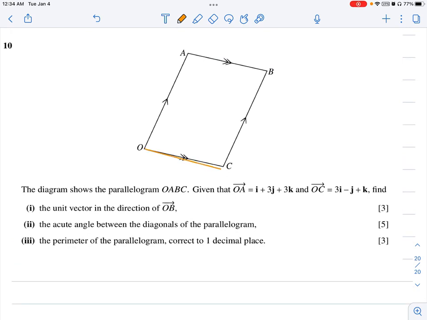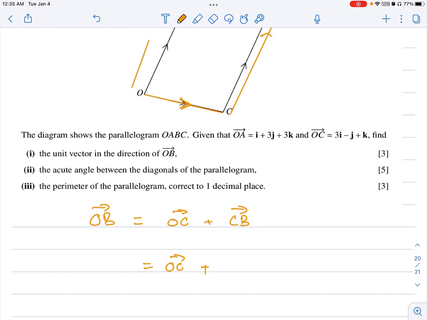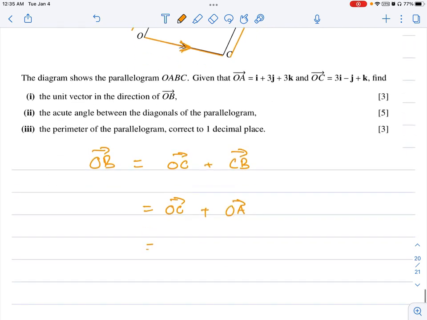I go O to C, then I go C to B. So OB is O to C plus C to B. CB is parallel to OA, both are parallel, so this is nothing but OA. So that becomes i plus 3j plus 3k plus 3i minus j plus k. So it becomes 4i plus 2j plus 4k.